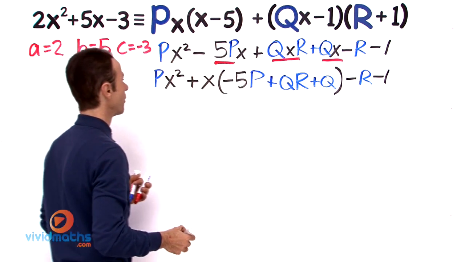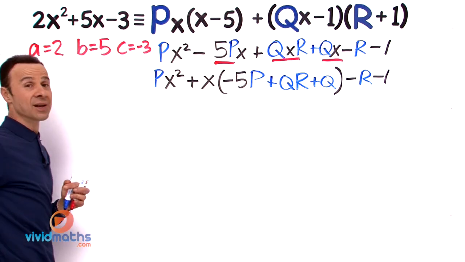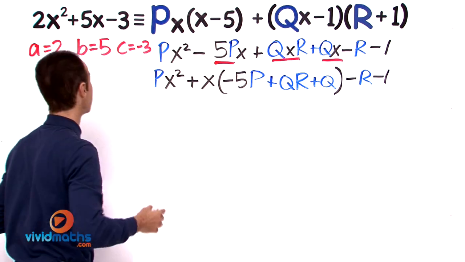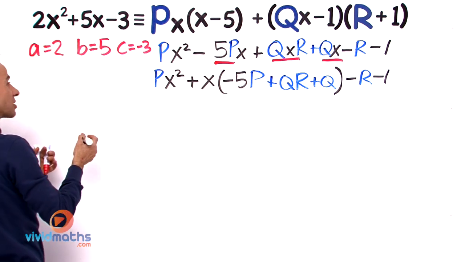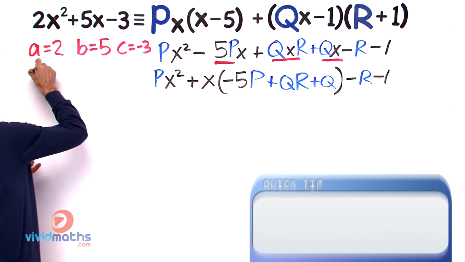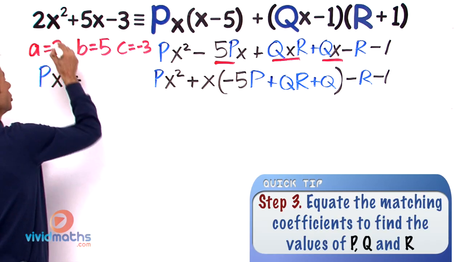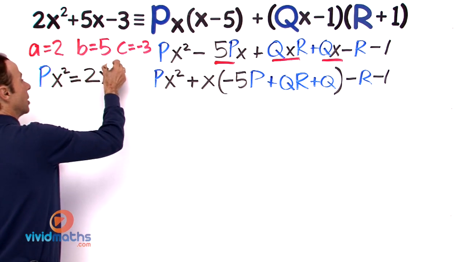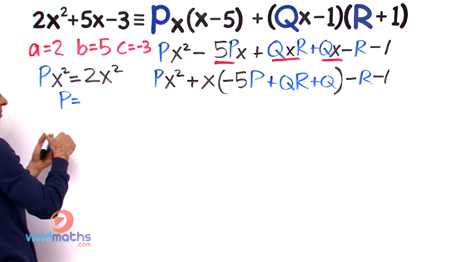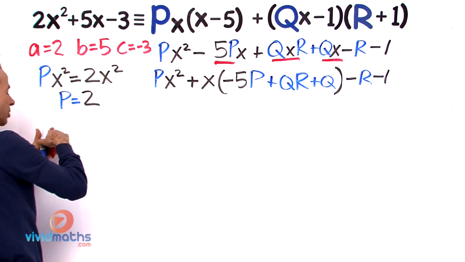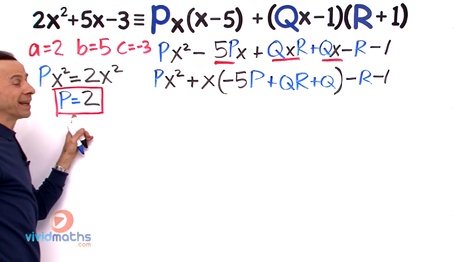Okay, now that we've got the coefficients, we can start equating and matching up with this left-hand side standard quadratic equation. Over here on this side, we've got the px squared. That'll match up with 2x squared. So we have px squared equals 2x squared. So clearly p equals what? Well, it's going to match to the 2, isn't it? So we got our first variable, first pronumeral. P equals 2.